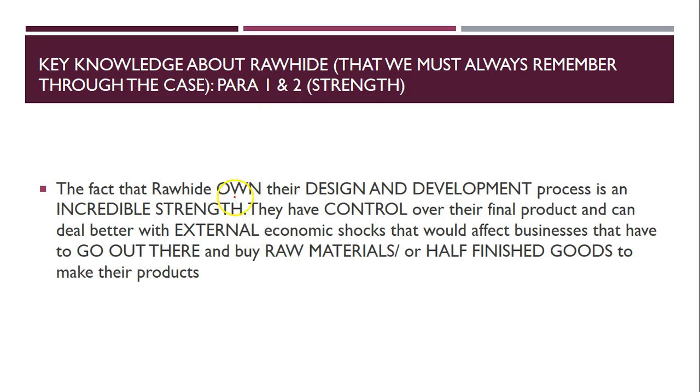Now, they tell us clearly that Rawhide own their design and development process, and this is a strength, a really powerful strength. They have control over their final product and can deal better with external economic shocks, because generally many businesses will have to go out there.